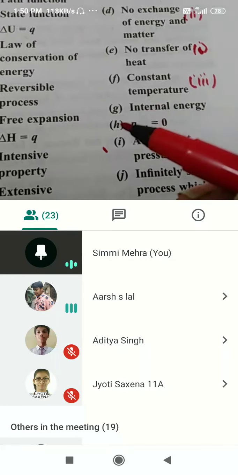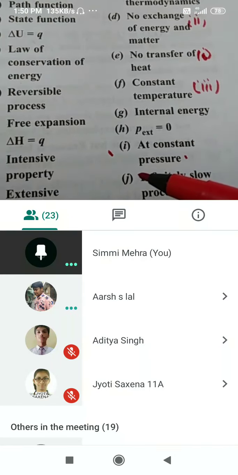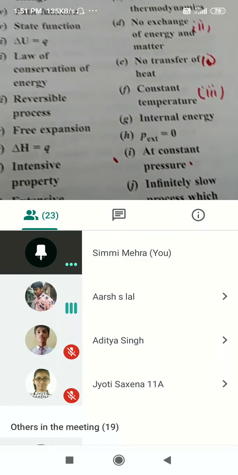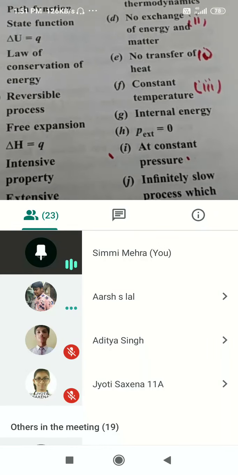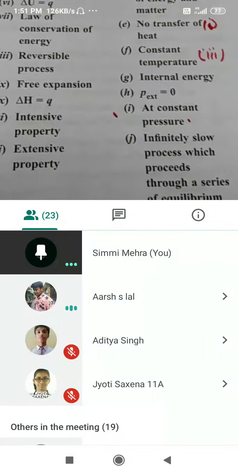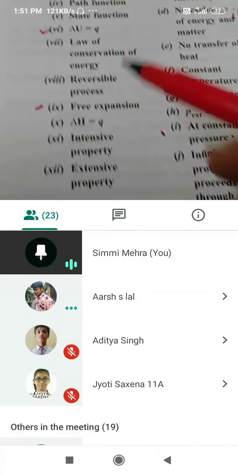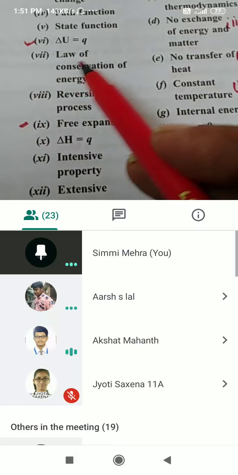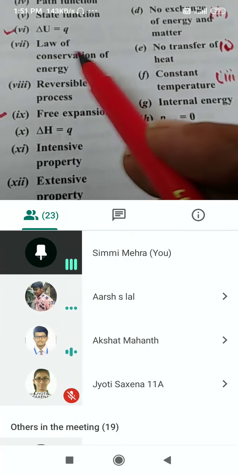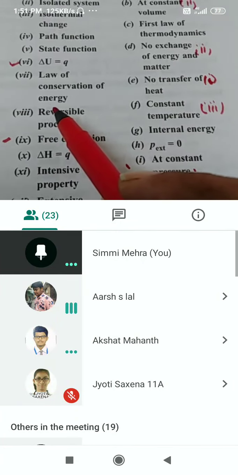So he's saying it can be delta U is equal to QV. Nothing else is fitting in. So we'll have to wait and see what is left. Okay. Law of conservation of energy.